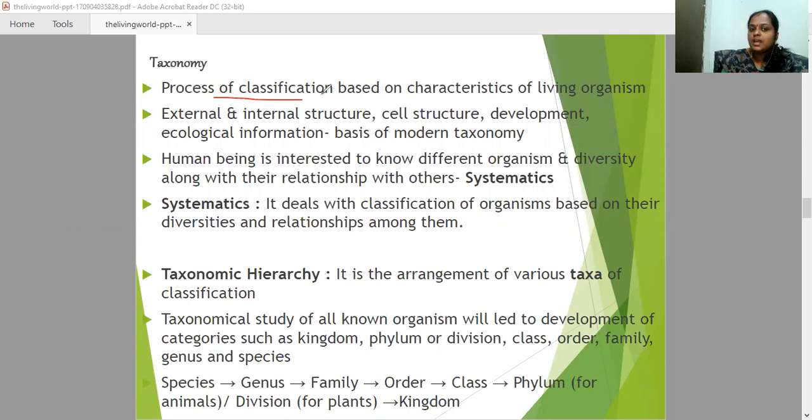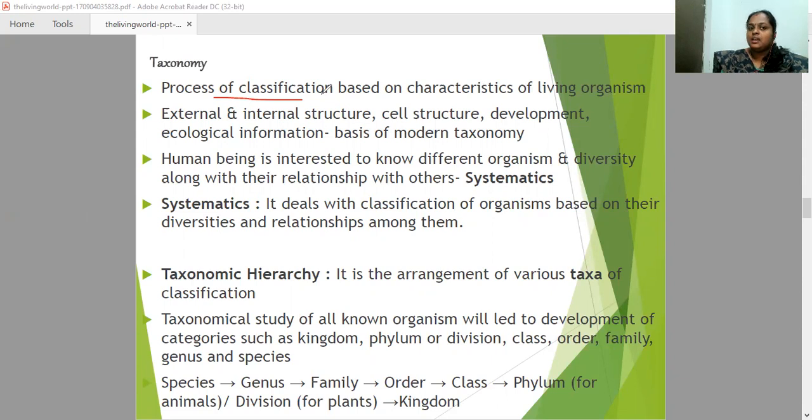Here the external and internal structure, cell structure, development, and ecological information form the basis of modern taxonomy. Human beings are interested in knowing different organisms and their diversity, along with their relationship with others. Why do we need to name? To avoid confusion and get better clarity to work on a species or organism, there should be a common name worldwide.